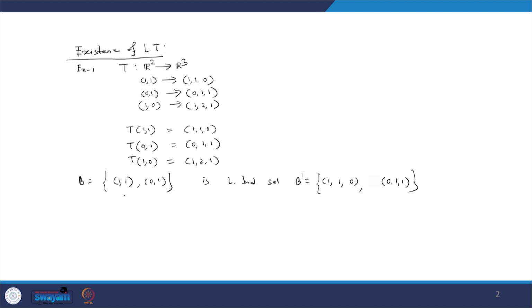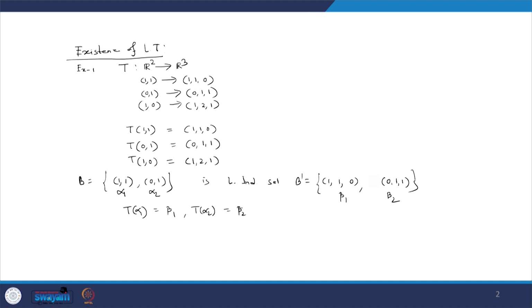Now, since this is linearly independent, by the previous theorems we have proved, there is a linear transformation. Suppose these are alpha 1 and alpha 2, and these are beta 1 and beta 2. Then there exists a linear transformation T from R2 to R3 such that T of alpha 1 equals beta 1 and T of alpha 2 equals beta 2.